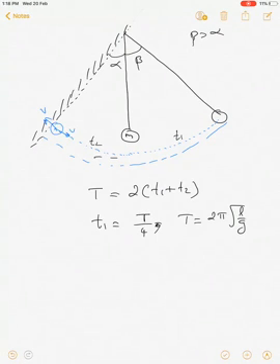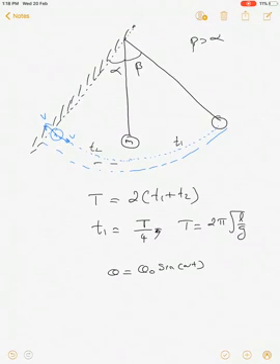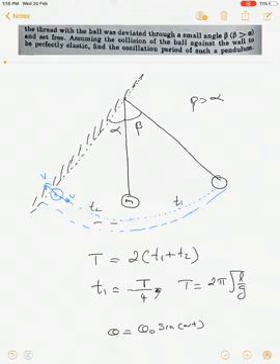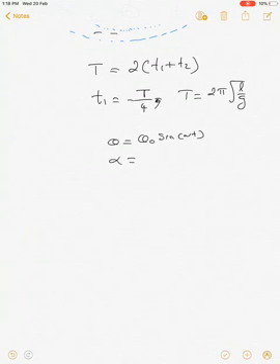Here t2 is the time taken by the particle to move from its mean position to an angle alpha. If the pendulum starts oscillating from its mean position, we can write the equation theta is equal to theta naught sine omega t. So theta is alpha, and theta naught is beta, so alpha is equal to beta sine of omega t.